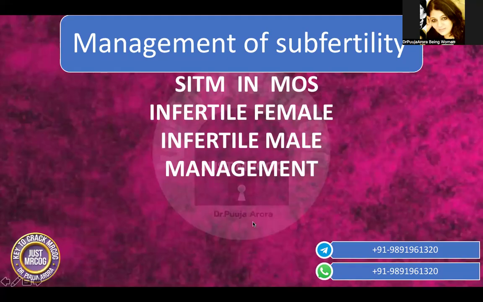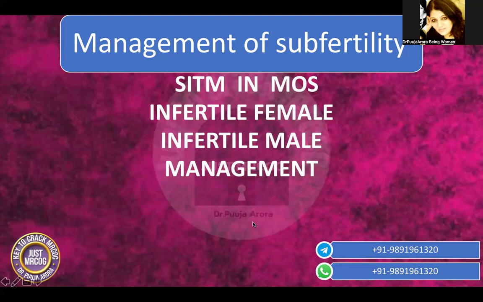Accurately maintain records of operative procedures. And whenever needed, we should refer to other specialists like pain clinics and the surgeon in case of endometriosis.